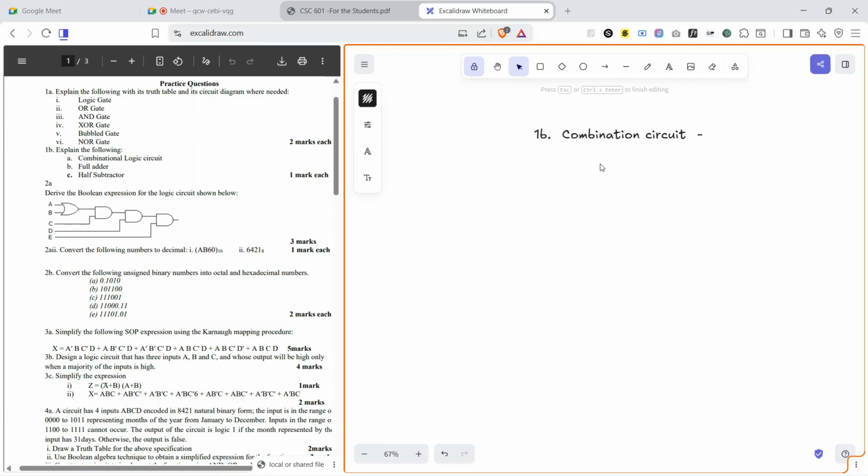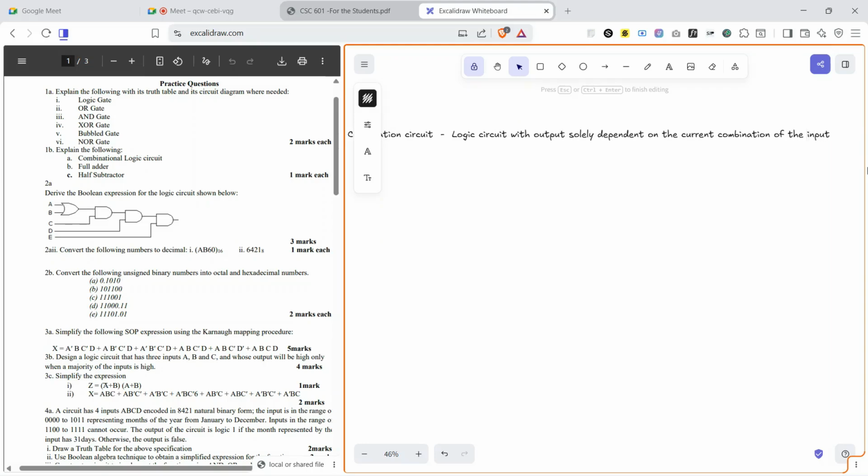Basic logic circuits with outputs solely dependent on the current combination of the inputs.